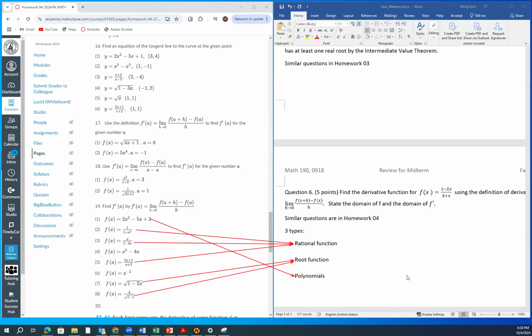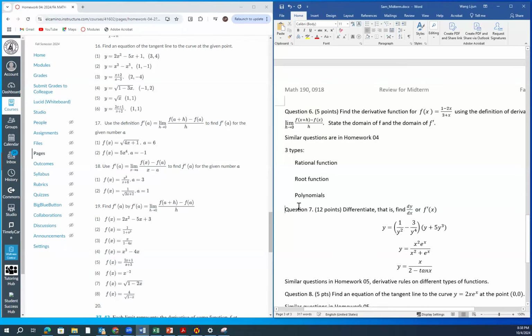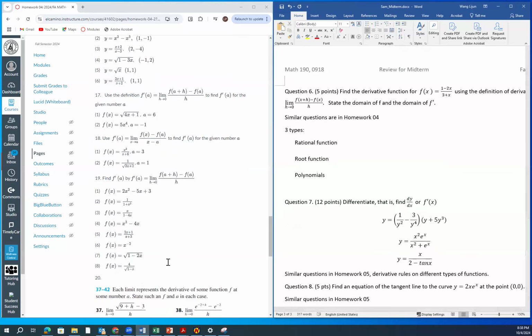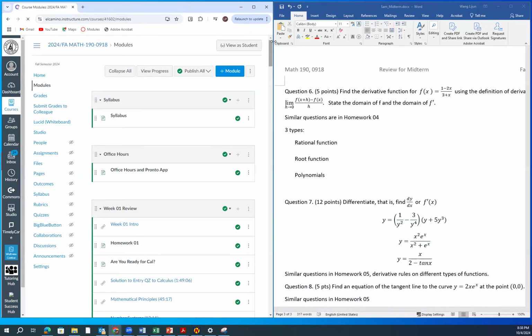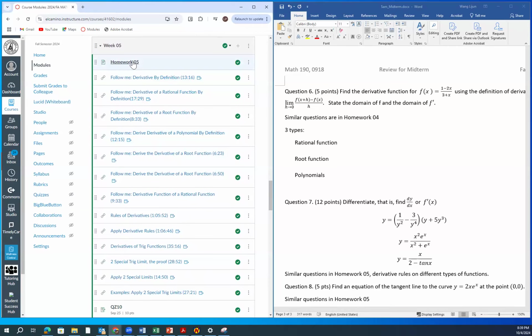It could be one of the 3 kinds. All right. So let's move forward. And then we enter the arena of derivative, so let's go to homework number 5.